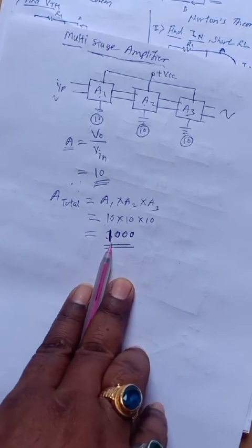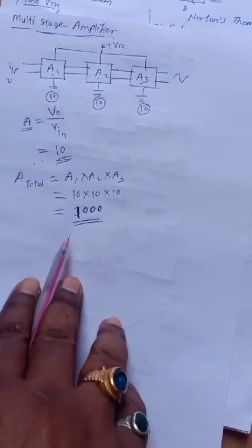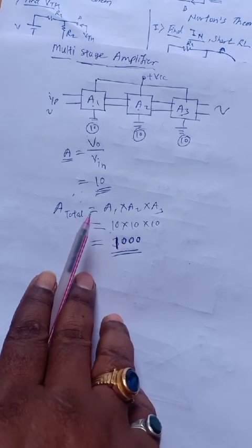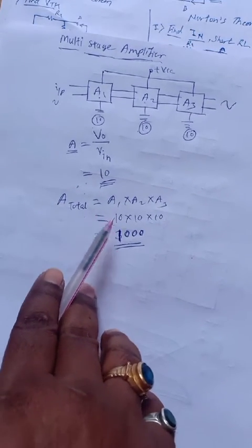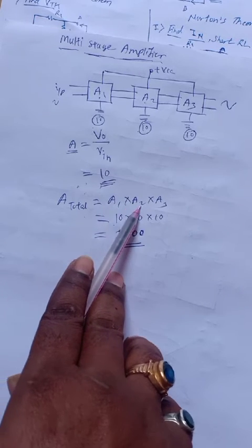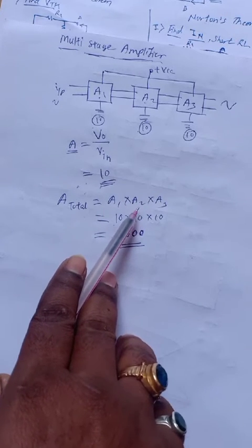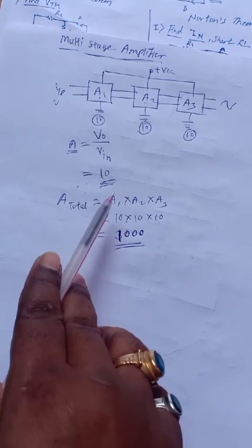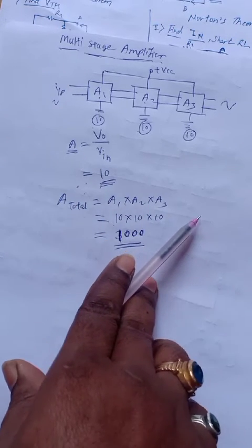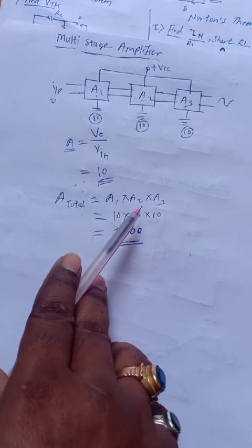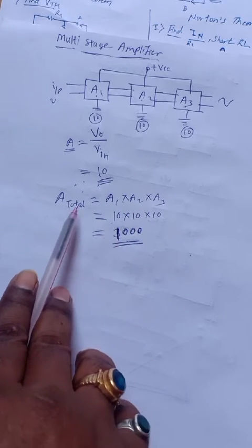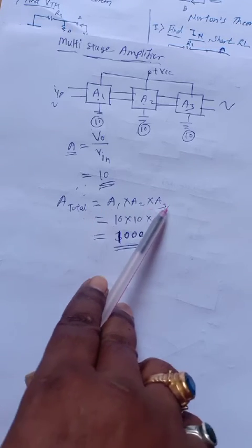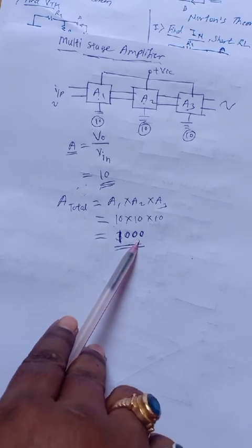This is the benefit of this multi-stage amplification. The gain is increased by the multiplication factor. If you observe, it does not happen that 10 plus 10 plus 10 is 30 gain. That is not what happens here, because we get a tremendous increase in the gain: the multiplication of gains A1, A2, A3, and so it is 1000.